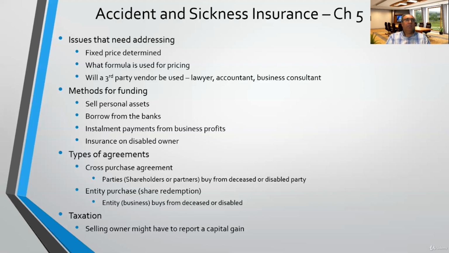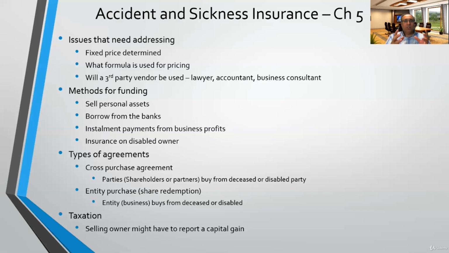Under the entity purchase, it's a share redemption. In this, the company is going to pay for the buy-sell agreement, and the company is paid out of the insurance, and the company will then buy from the deceased or from the disabled owner's family. So this is the entity purchase. Where the company is doing it is called share redemption.